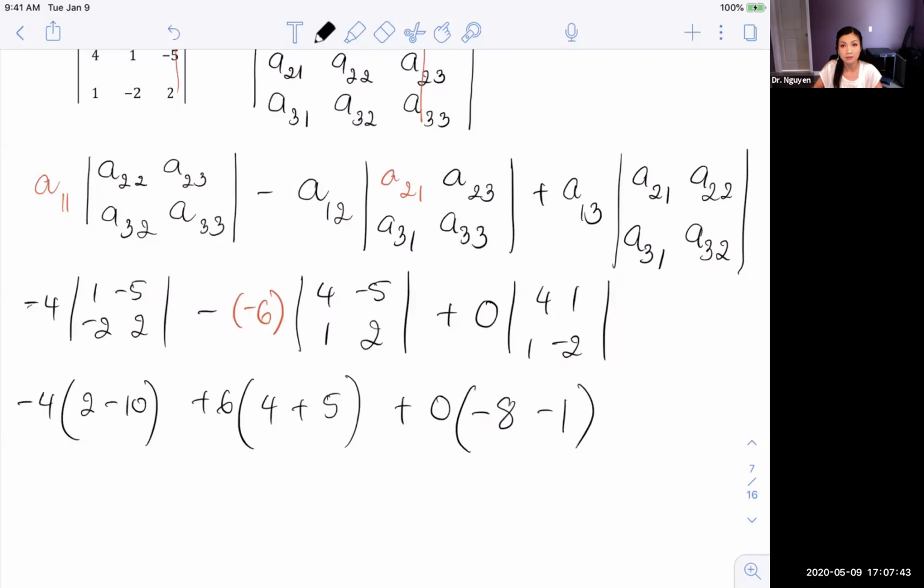All right, and then from there, of course, we want to calculate everything. So what do we have here? -4 times -8, so we have 32 here. 4 plus 5 is 9 times 6, so 54.